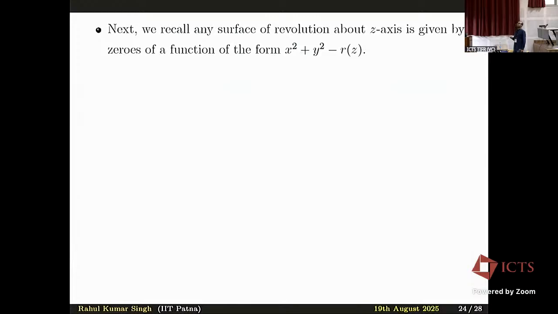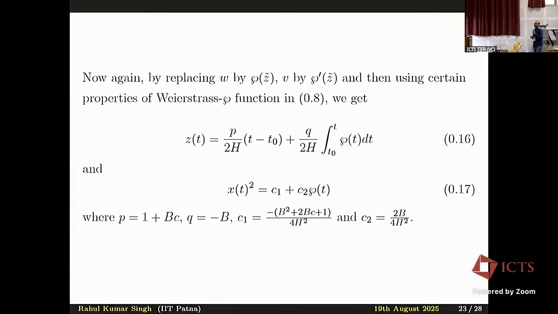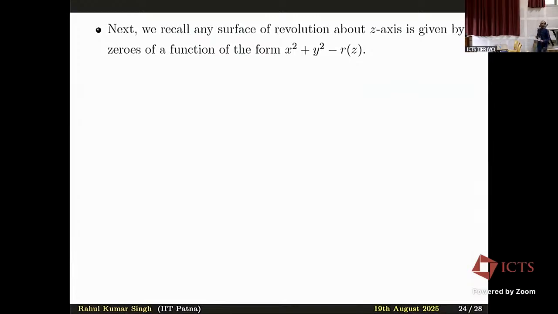And now here's the trick. We have gotten these x of t and z of t in terms of the Weierstrass P function. Now we have to recall one fact: if you have a surface of revolution, let's say in R3, then one can show that the zero set of such a surface can be described as the zero set of a function of this form, x squared plus y squared minus r of z squared, where this r is kind of a radius function.